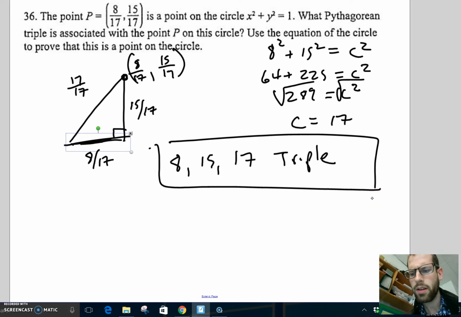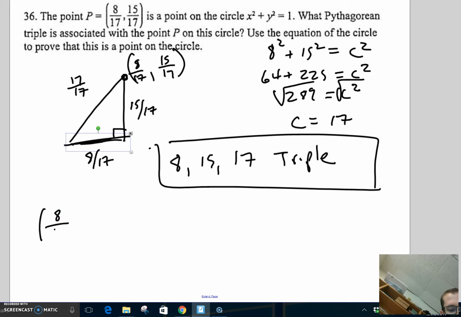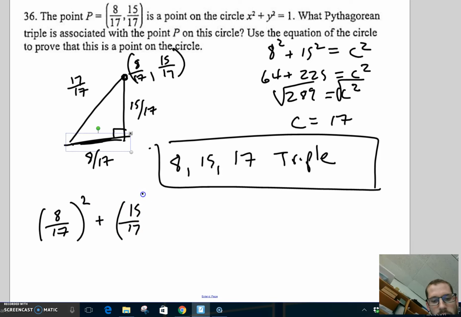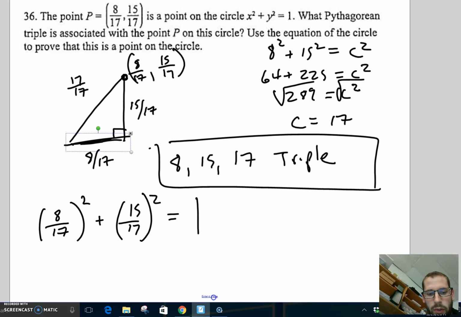Okay. Next up. Use the equation of the circle to prove that this is a point on the circle. So I can say (8/17) squared plus the y-coordinate, which is (15/17) squared, equals 1. And then I just need to make sure that this works out.